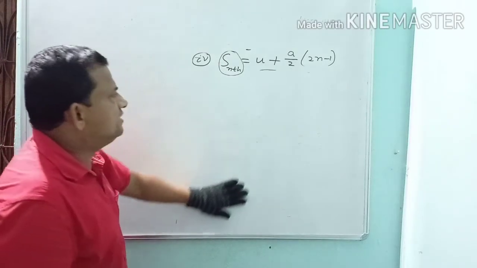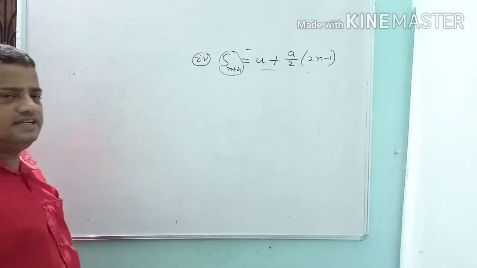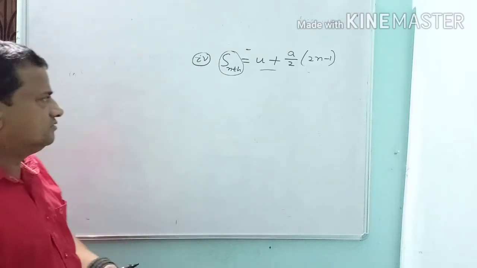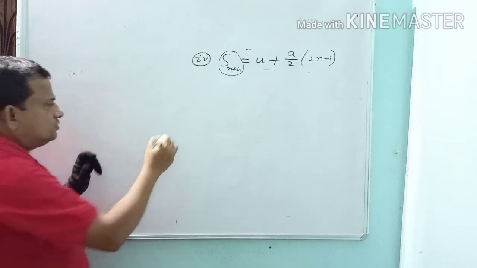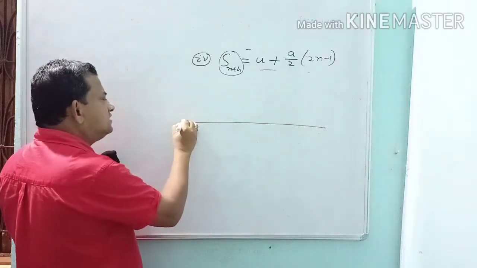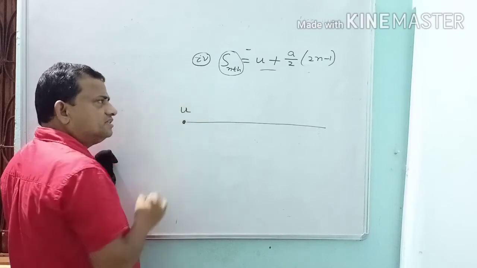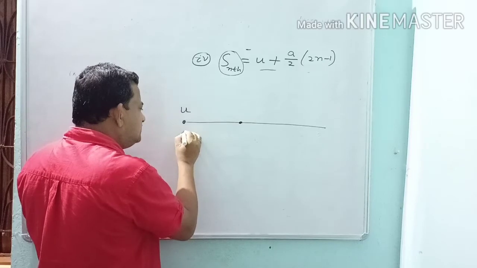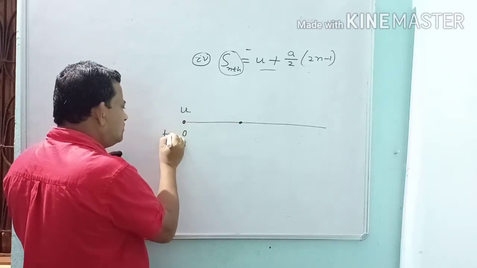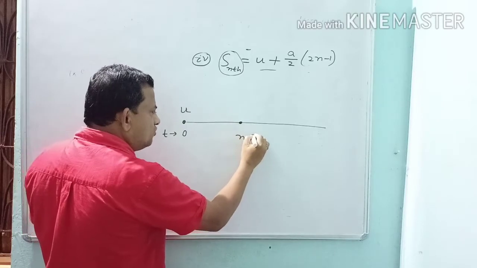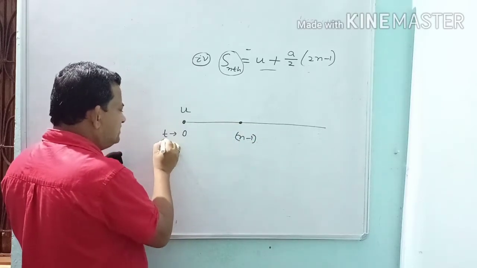I have already explained the meaning of Snth, that is displacement in the nth second. Suppose one starts here with initial velocity u. Suppose this is 0, that is time 0. This is n − 1, time in seconds.